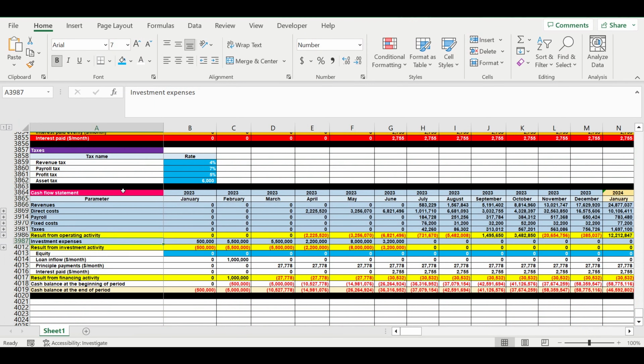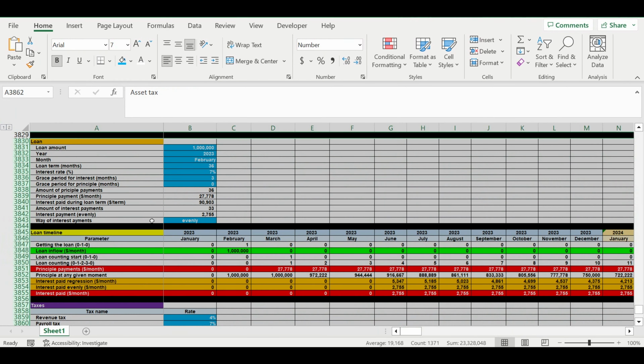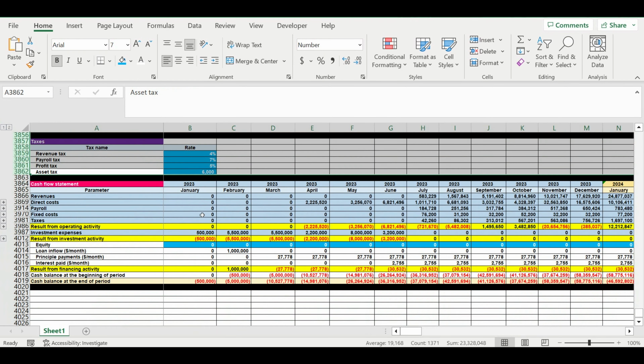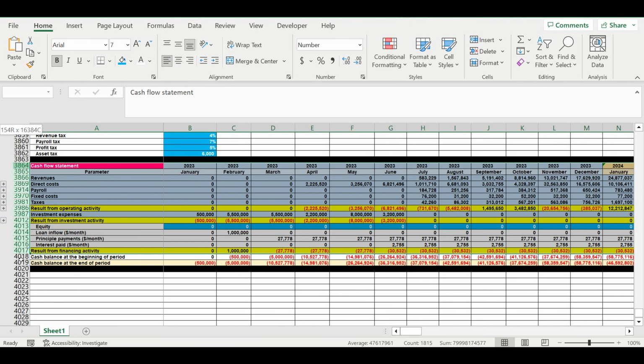So now we can't calculate the amount of financing without a huge preparation of the model itself that is above this line, and without a prepared cash flow statement.